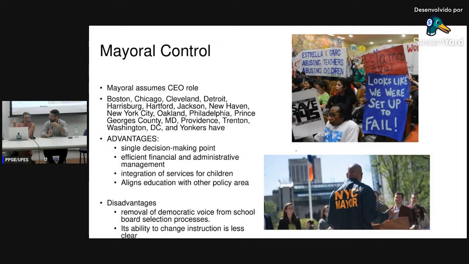California is an interesting state because they passed a law limiting how much local school districts could raise taxes.